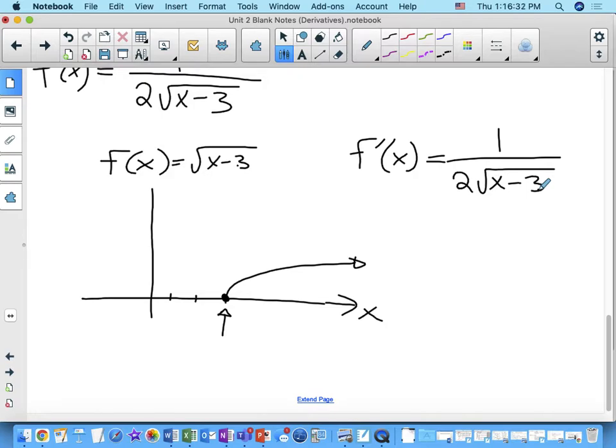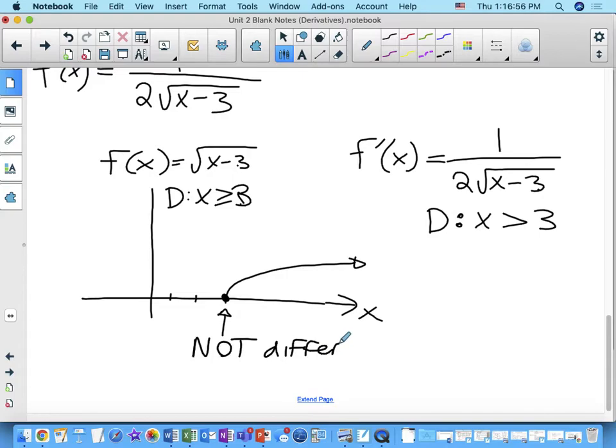So this guy has that domain. This one has this domain. Okay, so it's not differentiable.